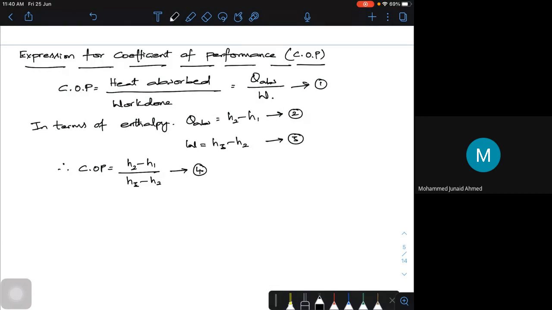Okay. Now, when you have this coefficient of performance, this Q absorbed is also called the refrigerating effect.